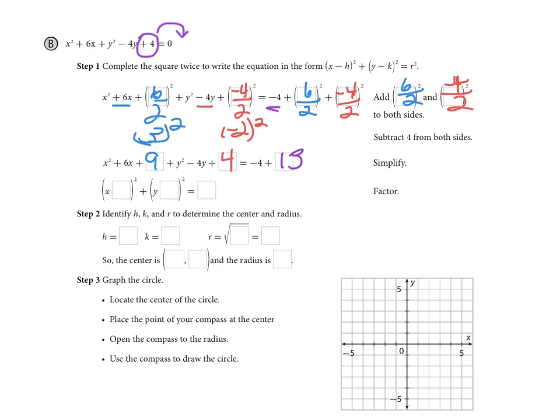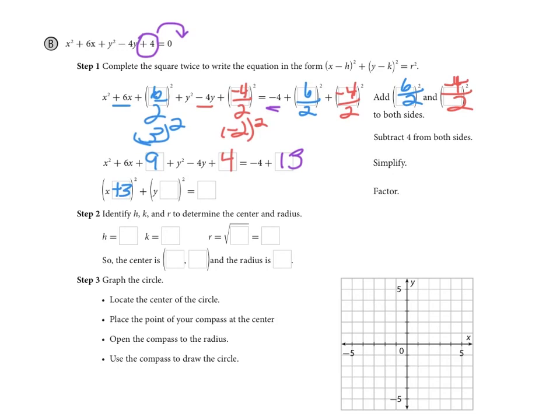And now we're going to rewrite it in the standard form. If we had 6 tiles to begin with here, like we do, we're going to split them, and each dimension is going to have 3. So we're going to say that's x plus 3 all squared. Same thing with our reds. If we had 4 tiles to begin with, as we do here for our y, we're going to split that dimension so that we have 2 on each side of our ending square.